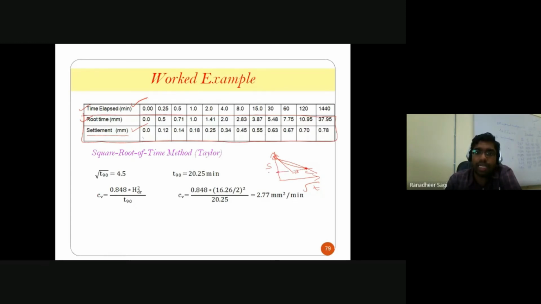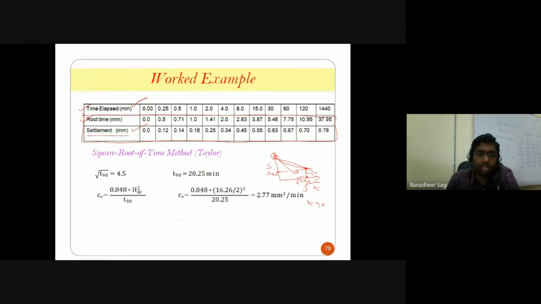It is nothing but the settlement happening in the soil corresponding to 90% degree of consolidation, and the corresponding time which I can measure, I will get as square root T90, from which I can say what T90 is. That is, for 90% degree of consolidation, what is the time required?